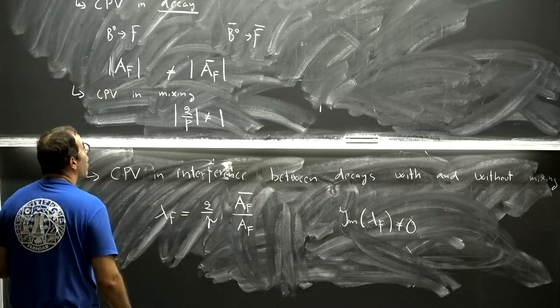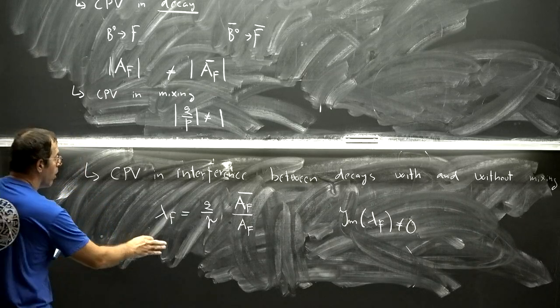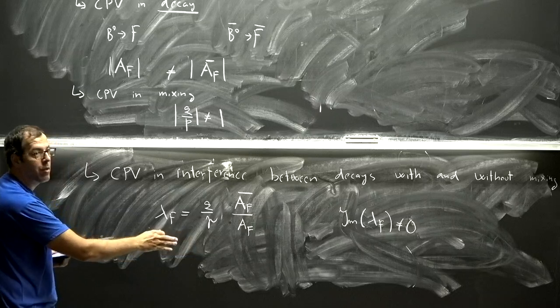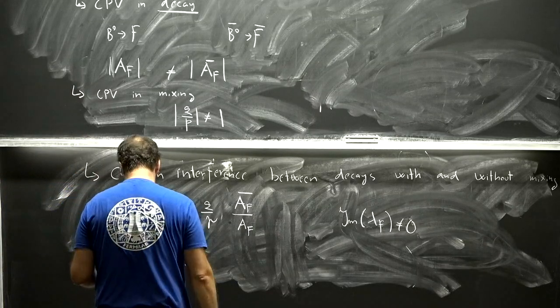All right, so it looks weird, no? Where does this come from? Well, let's say I start with a B0.